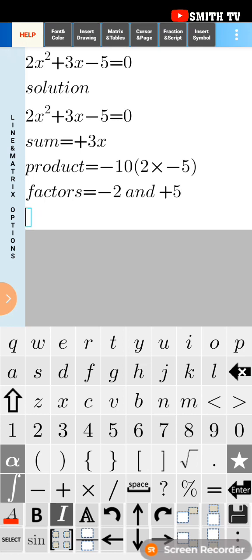The next thing I'm going to do is to expand the question. The question is 2x squared plus 3x minus 5 equals 0.